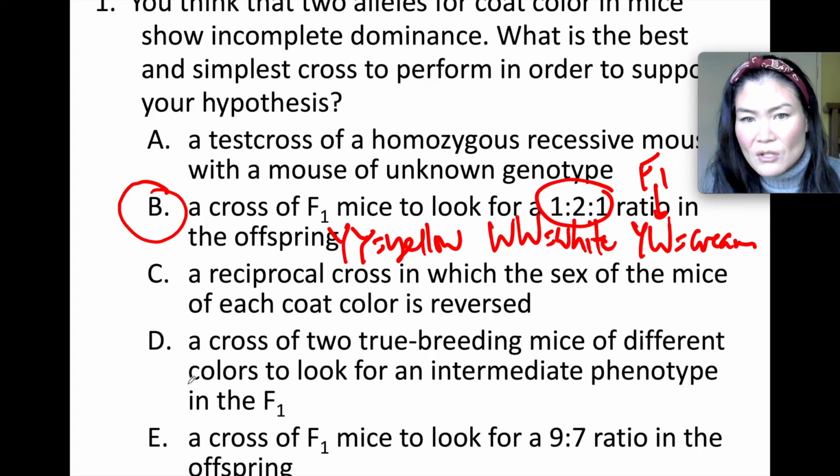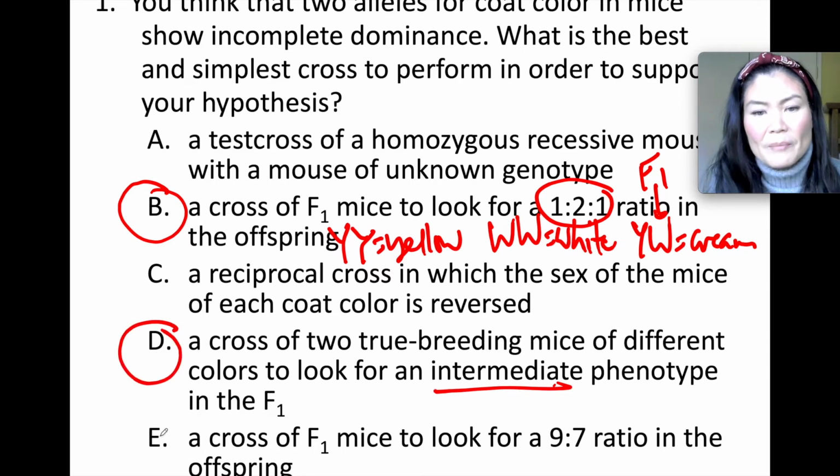Okay, that could be it too, right? Because if you take two true breeding mice, like white, and cross it with the yellow, that's going to give you a cream, an intermediate. So that's possible too. Okay, and then E: a cross of F1 mice to look for a 9:7 ratio in the offspring. No, that's not it.